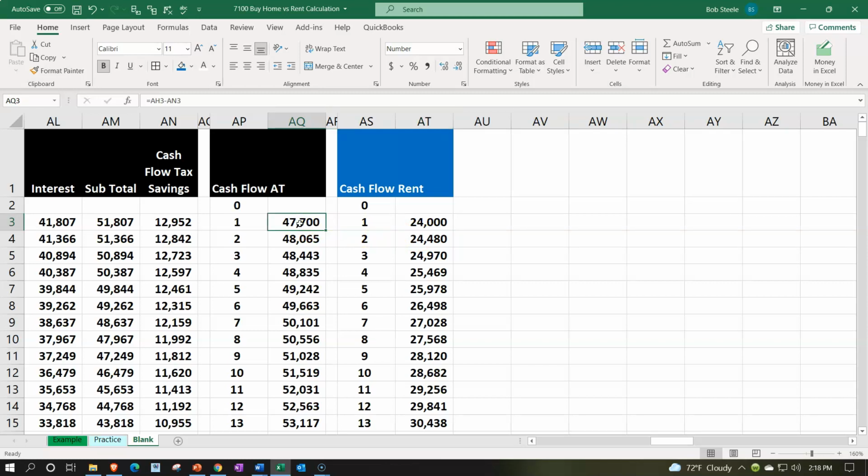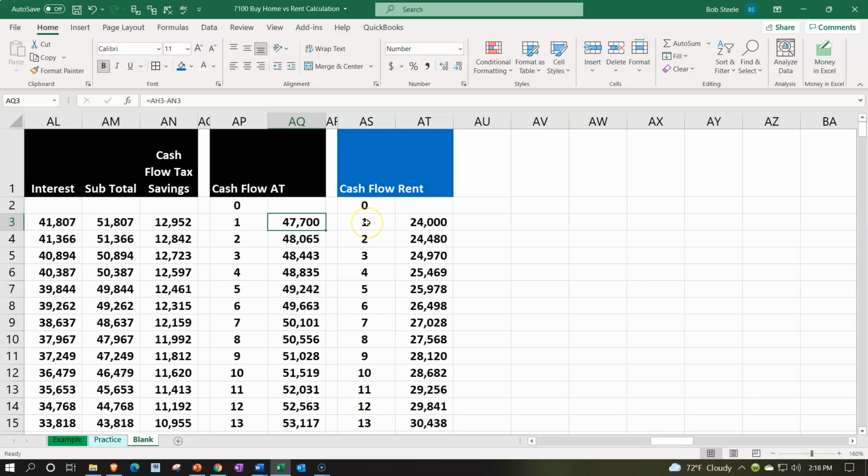So we're going to look at this from the standpoint of purchasing, making the investment on the purchase. So if we purchased, there'd be a net decrease in the cash flow, the difference between these two. So I'm going to make it a negative number. But we, of course, would have the value of the property increasing as well. So it looks like the cash flow in this scenario, the way we set it up, is going to be a lot higher with regards to the purchase.